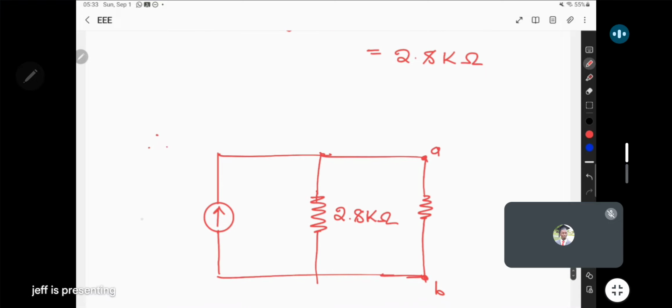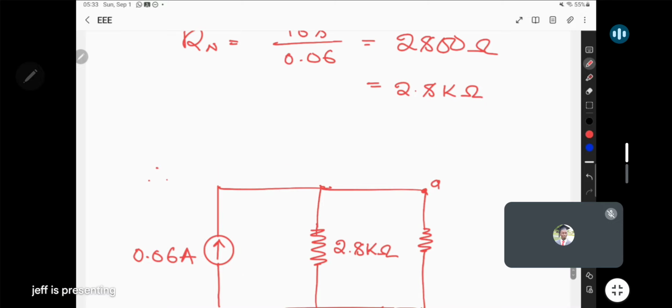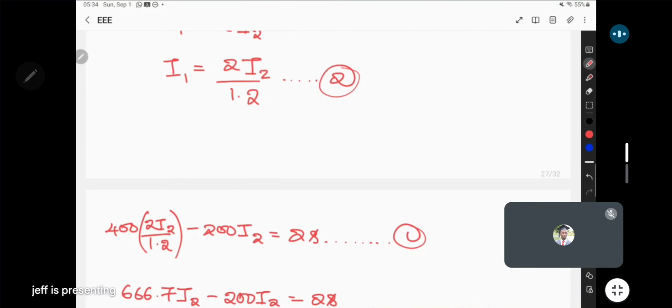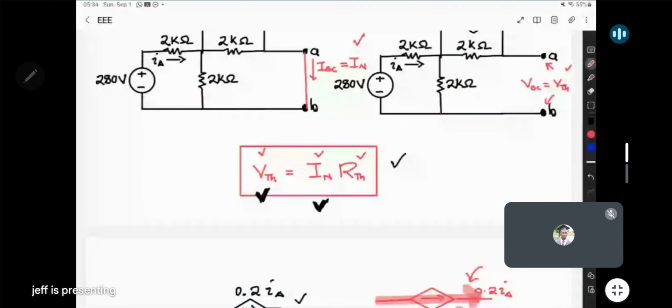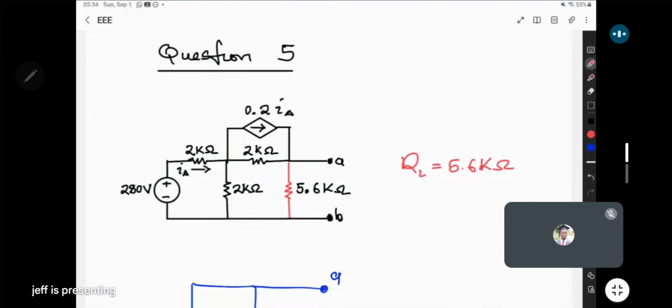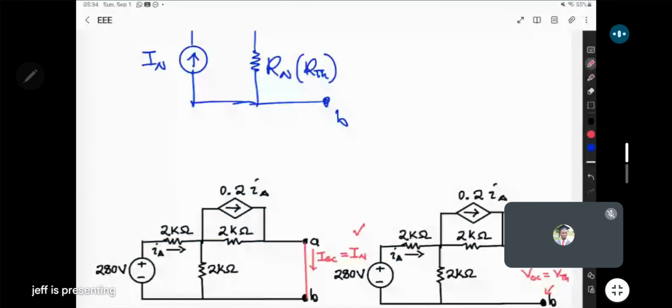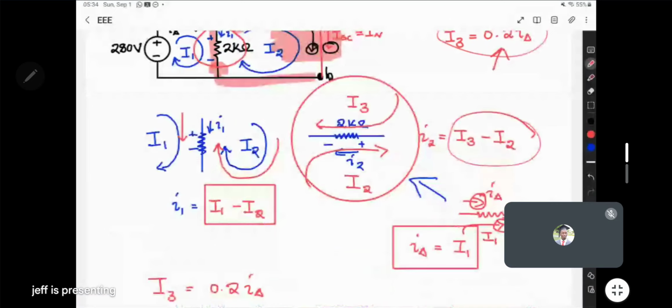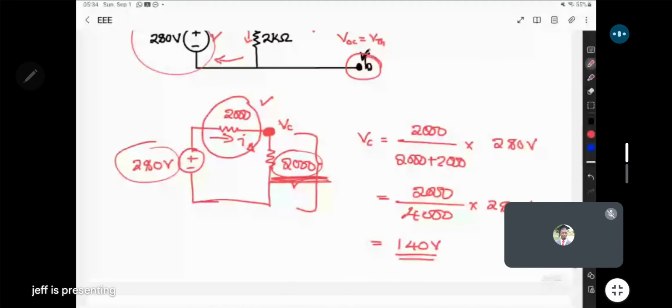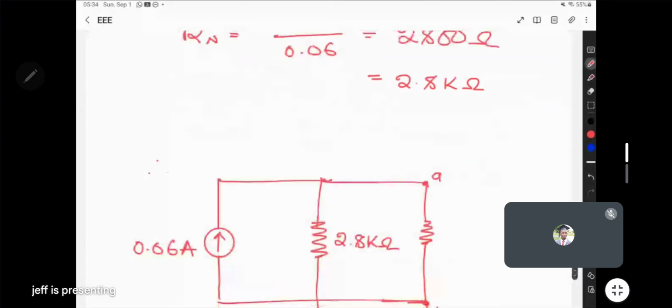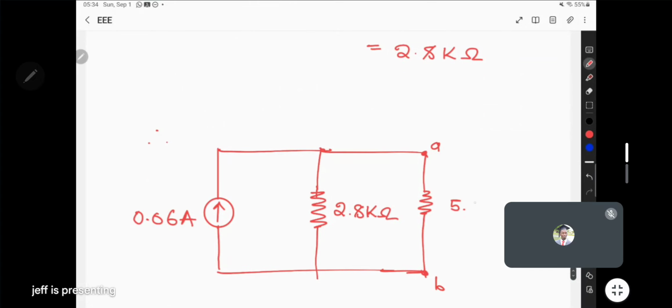Our I Norton is 0.06 amps. And then our load resistor from the problem, the one we opened, was 5.6 kilo ohms. So this becomes our solution. This becomes the Norton's equivalent circuit.